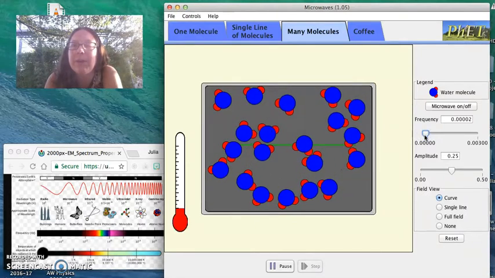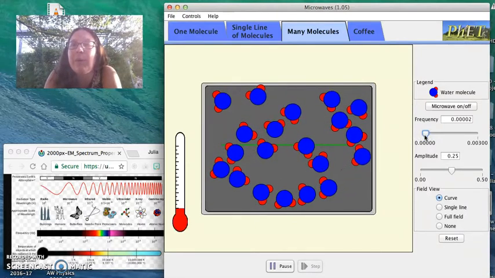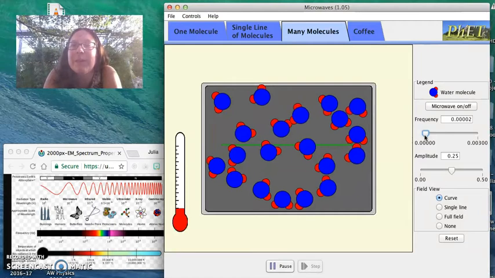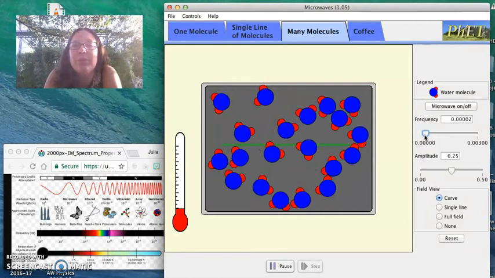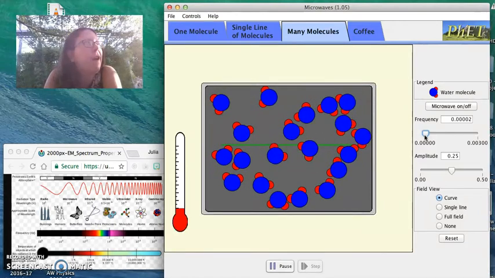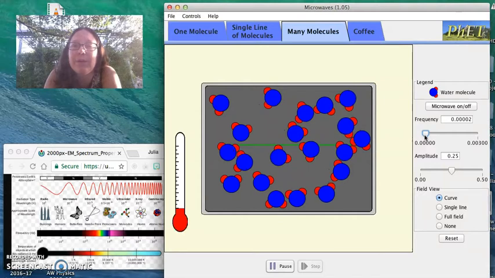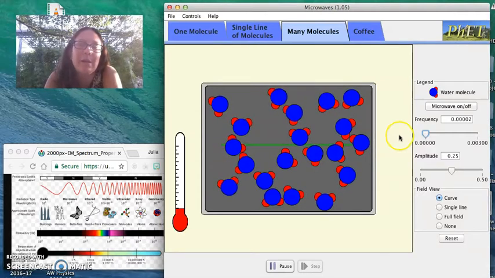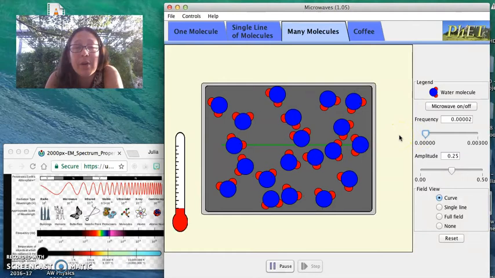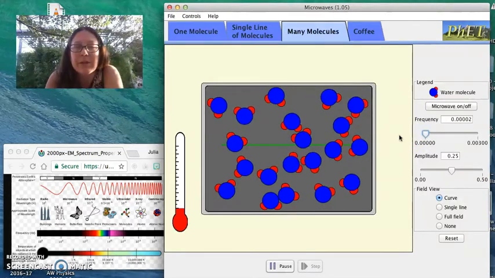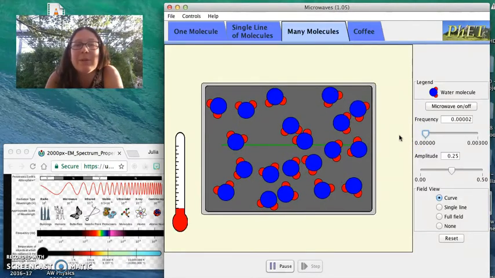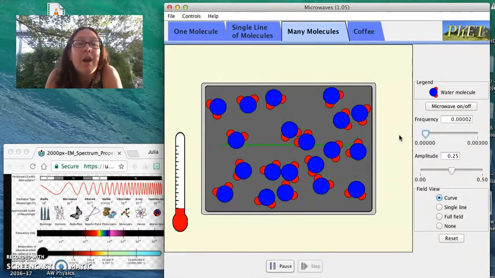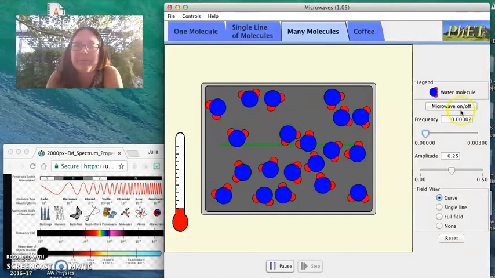Can I make it 0.03? Well, close enough. 0.00002. So that's about 0.02 millimeters. So about 100 times lower in frequency, which should make our wavelength about 100 times longer. So before, our wavelength was really similar to the size of our water molecules. Let's see what happens when the size of our wave is 100 times longer.